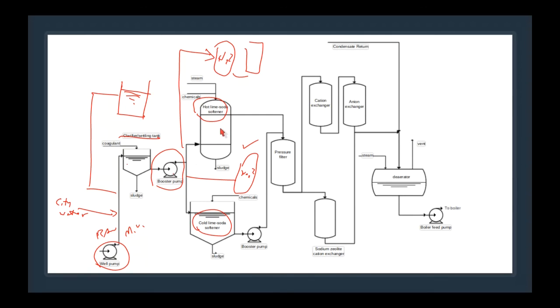We also don't want alkalinity in there, so what we'll do is take the effluent from the sodium zeolite and put it into an RO system for final polishing. Or maybe we could put it through a cation-anion exchanger if we want to have demineralized water. Or we could put it through a dealkalizer system. It really depends what sort of water quality we're looking for.